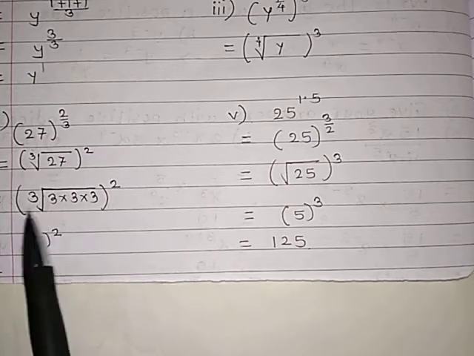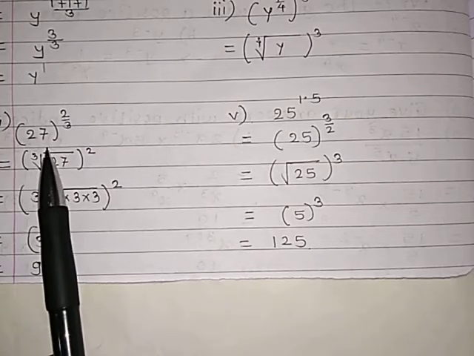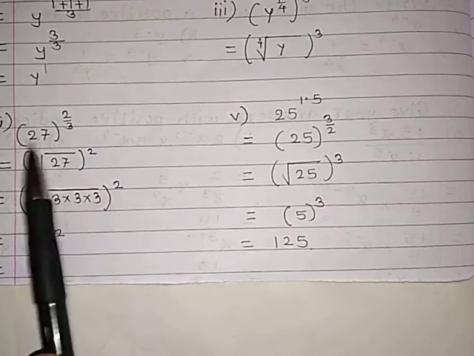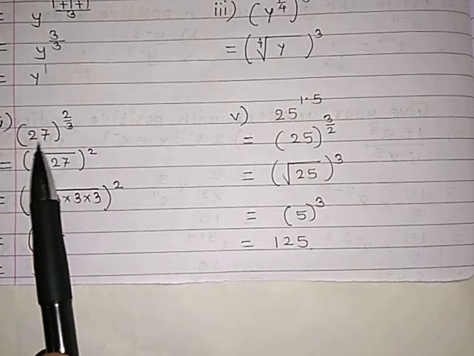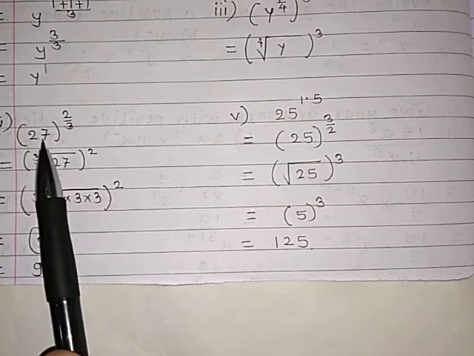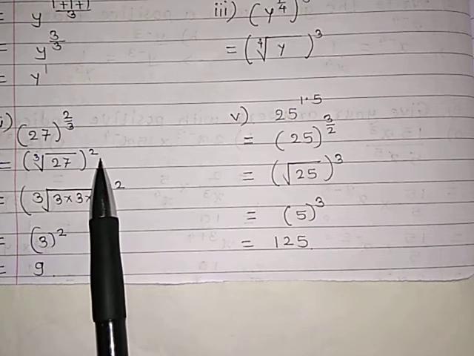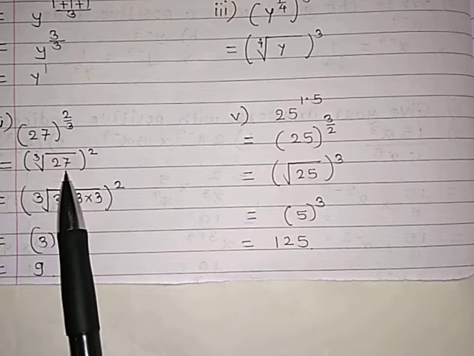Now see the fourth example, 27 raised to 2 upon 3. As we know, 1 upon 3 means it will be the cube root of that term. So what can we write? Cube root of 27 bracket raised to 2. And how can we write cube root of 27?